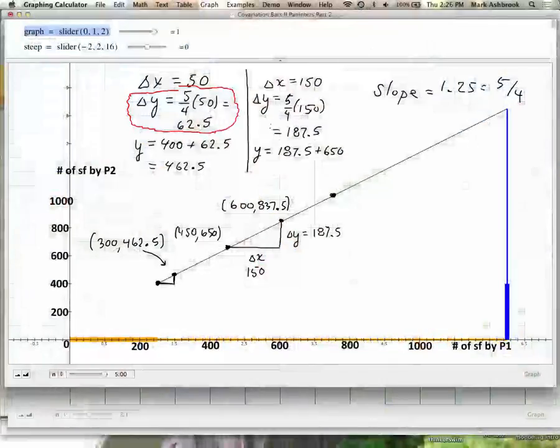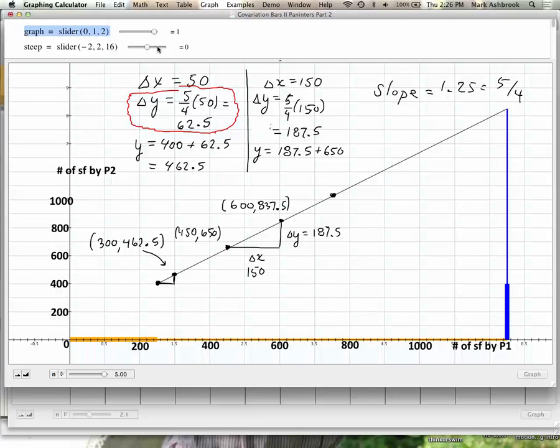Here's a steepness of 5/4. That red line has a steepness of 5/4. But isn't that what slope is a measure of? Tell me why not. What is slope? Slope is not steepness. What is it?